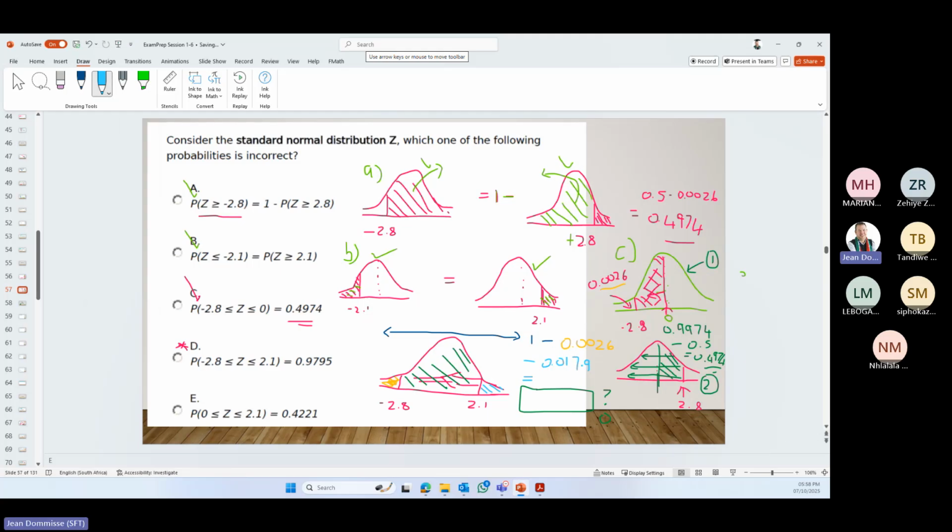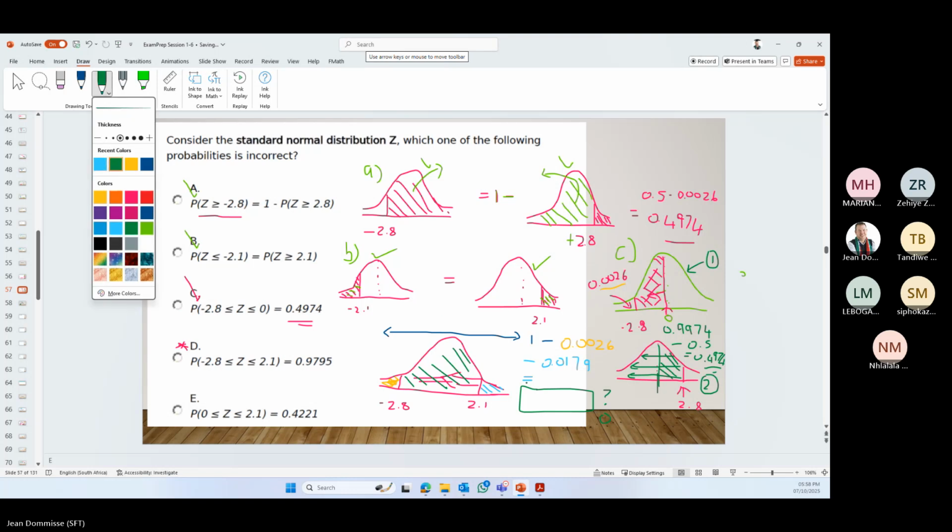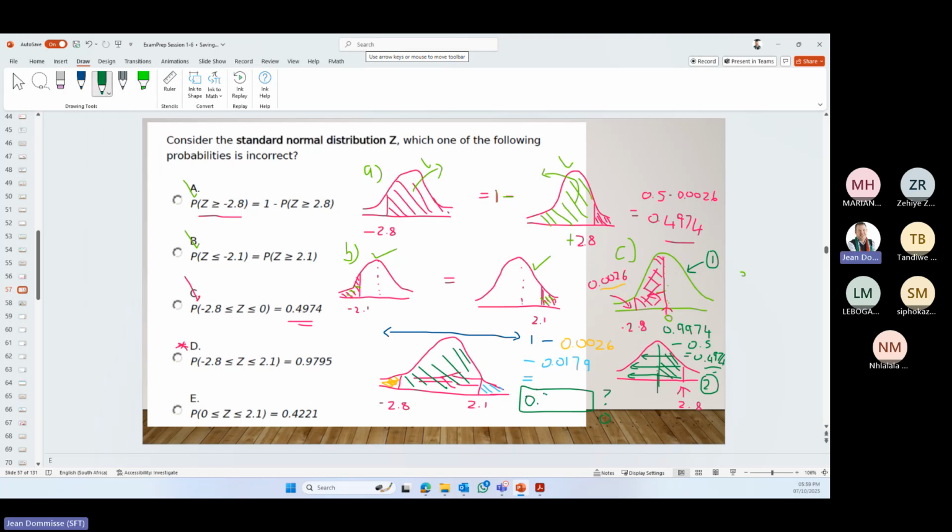Okay, let me just quickly redo that. 1 minus 0.0026 minus 0.0179. And that answer is 0.9795, which is correct.